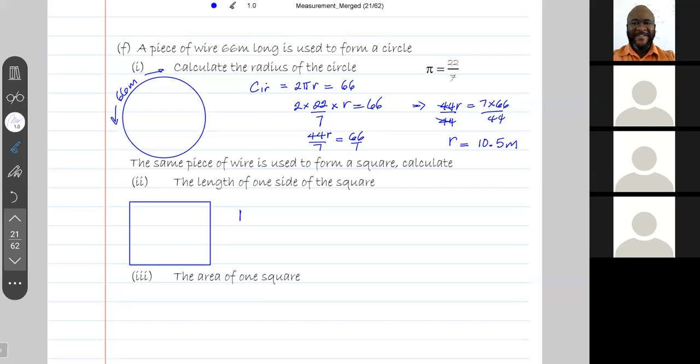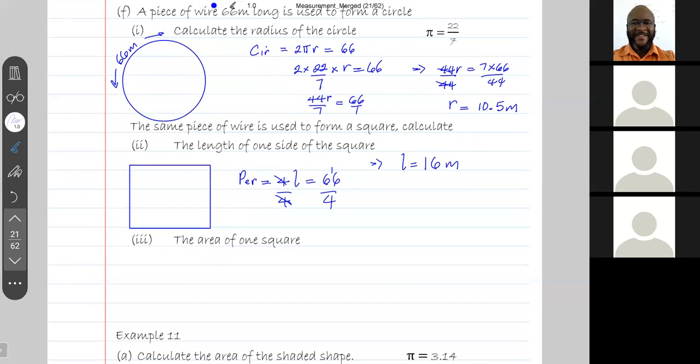So the perimeter of the square, which is 4 times the length, is equal to 66. If I divide both sides by 4, I'm going to get that the length of one side L is 16 remainder 1, so this is 16.5 meters.